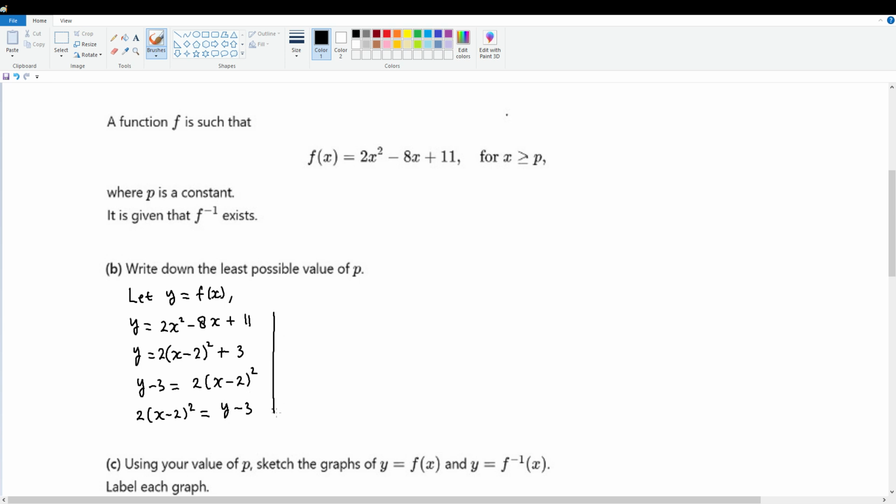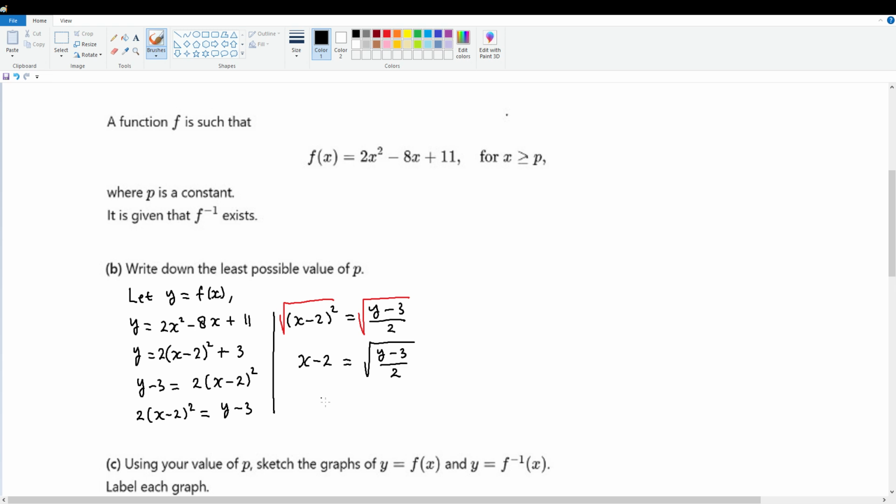Okay, and then we need to divide both sides by 2, and then we get (x minus 2) squared equals (y minus 3) over 2. After that, to eliminate the square here, you can apply the square root to both sides, and then you will get x minus 2 equals the square root of (y minus 3) over 2.